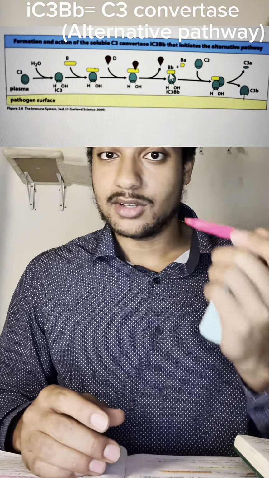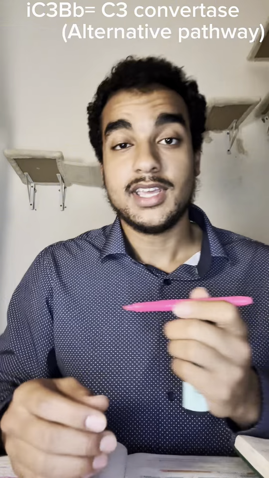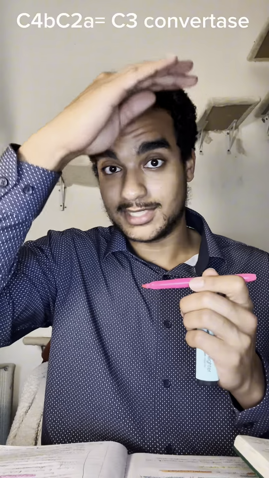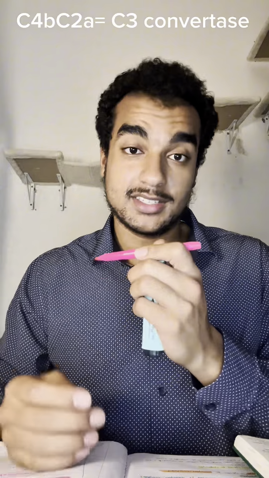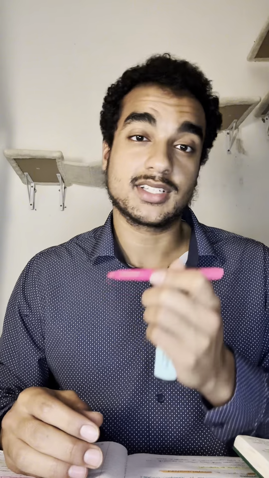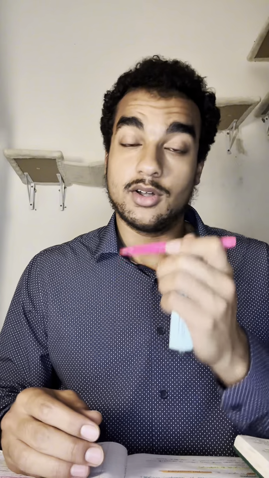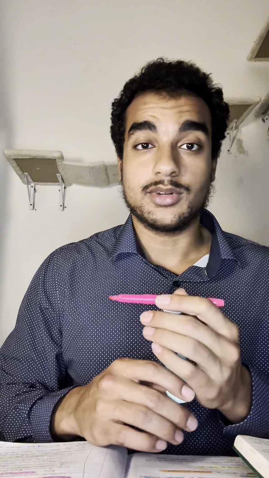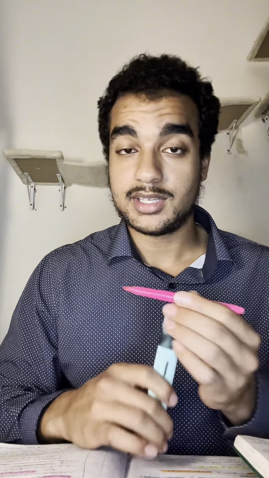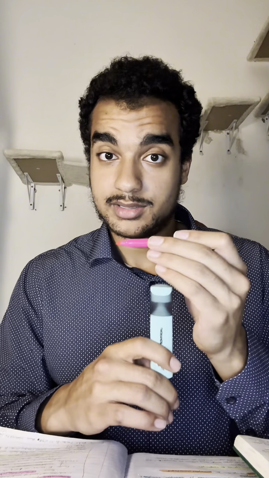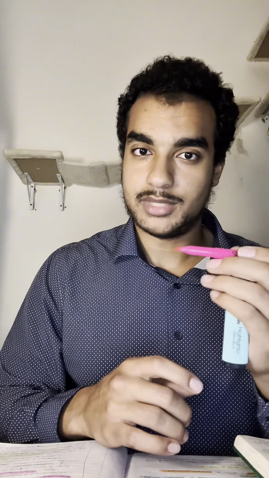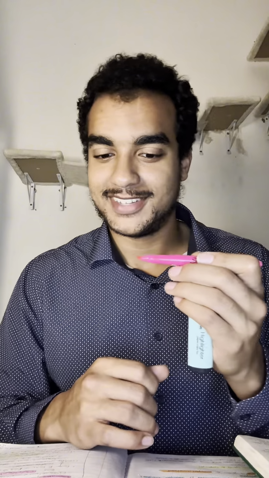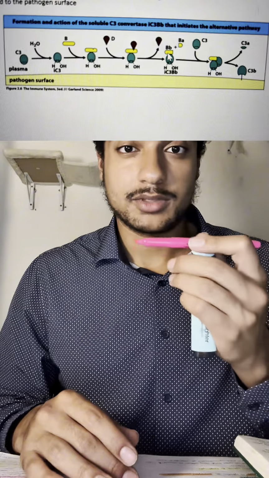This is also a C3 convertase. If you remember from the letters and numbers up here, that's also a C3 convertase in the classical pathway. But in the alternative pathway, it's going to be iC3 and factor Bb. This is a C3 convertase.